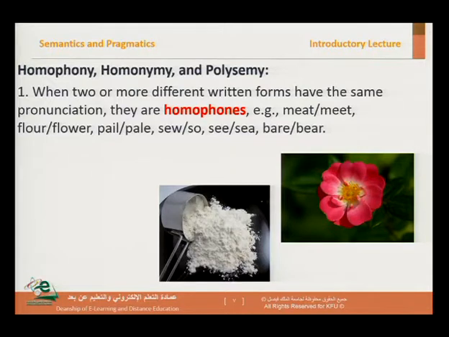I see the sea, right? That's again homophones. Bear and bare. Those are again homophones. You can see here two pictures of a flower and flour. Okay.